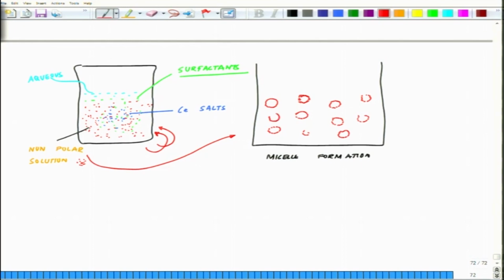Pretty uniform spherical shaped micelles in an aqueous environment. In order to reduce their surface energy, they are forming micelles, and these micelles are getting separated because you are using a wide array of surfactant molecules. Now, I am introducing the surfactant molecules.